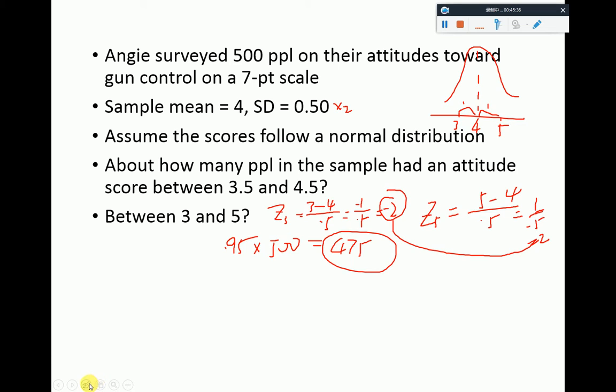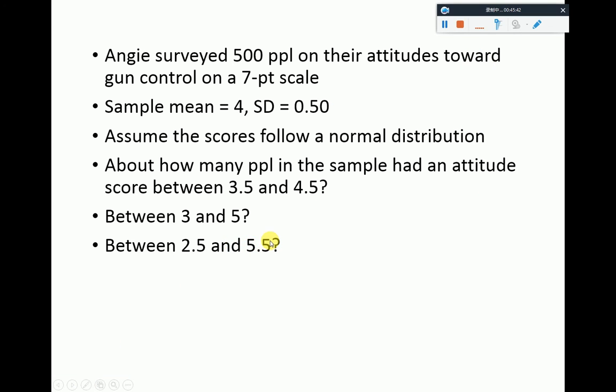Okay? What about between, I'm sorry, between 2.5 and 5.5? How many people in the sample would have an attitude score between 2.5 and 5.5? Easy. Again, this is our distribution.